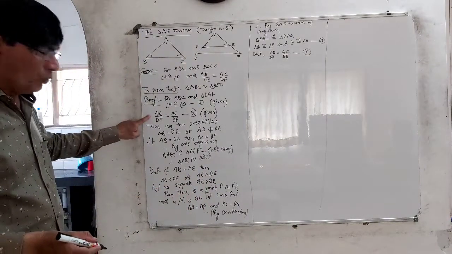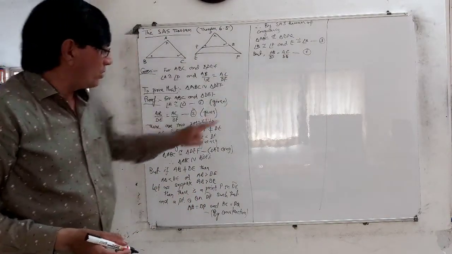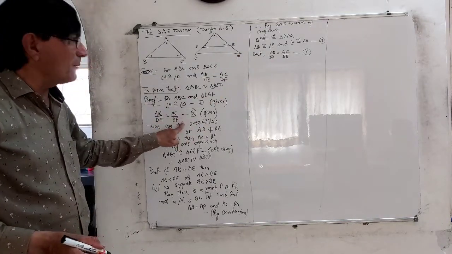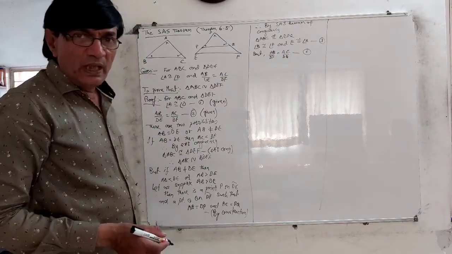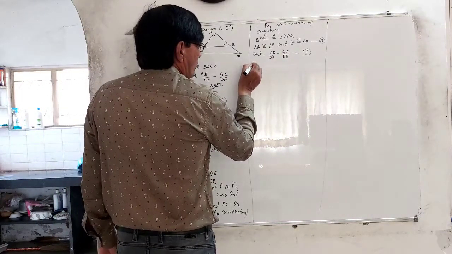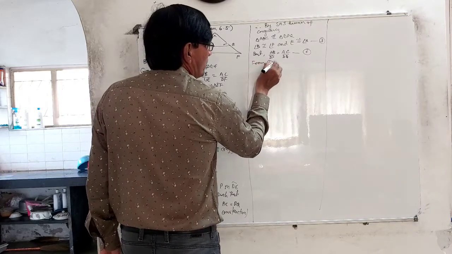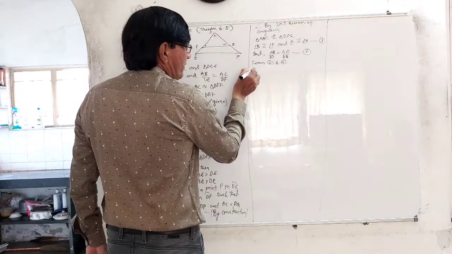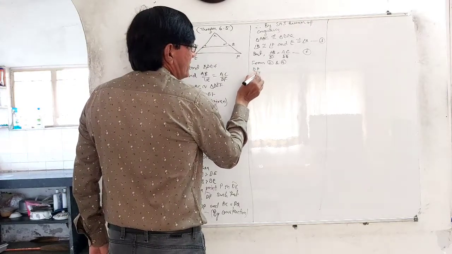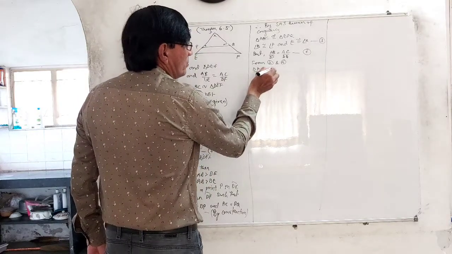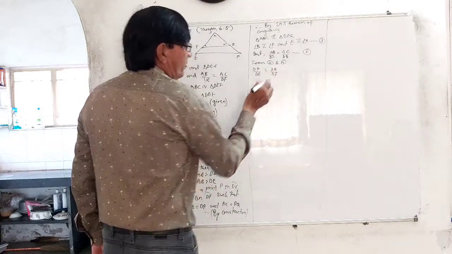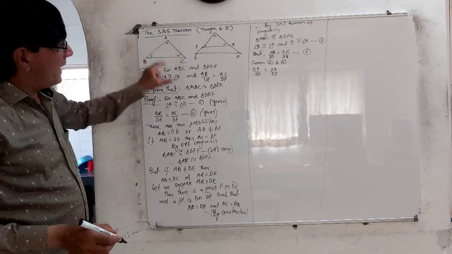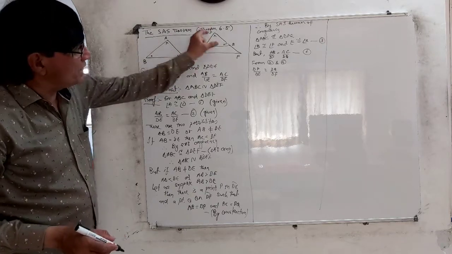Now look at result number 2 and result number 4: AB upon DE is equal to AC upon DF. Therefore, from 2 and 4, DP upon DE is equal to DQ upon DF. AB is equal to DP, and AC is equal to DQ.